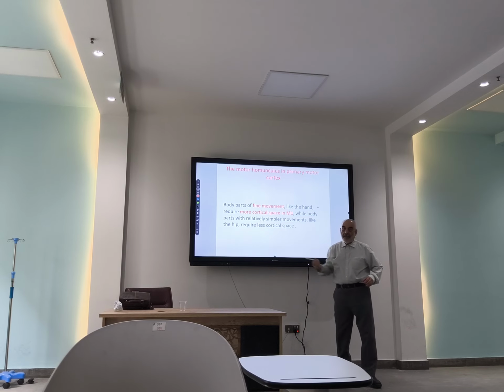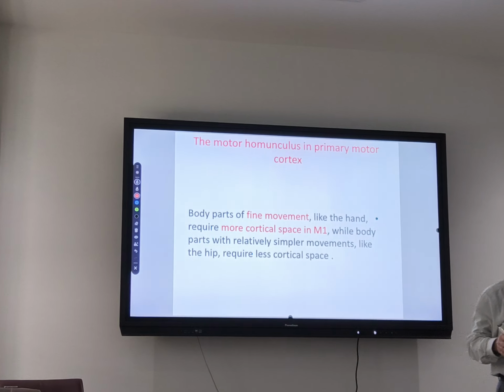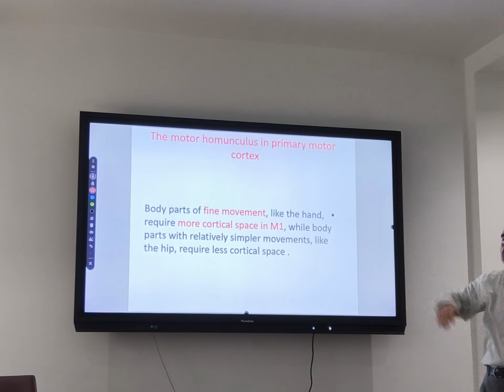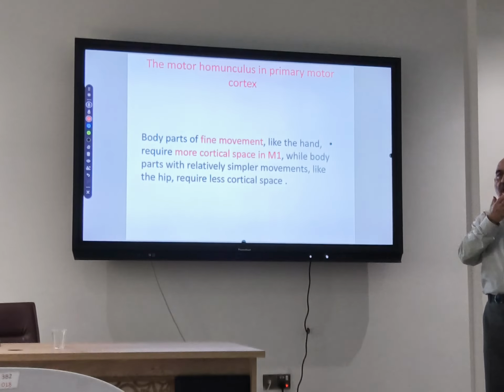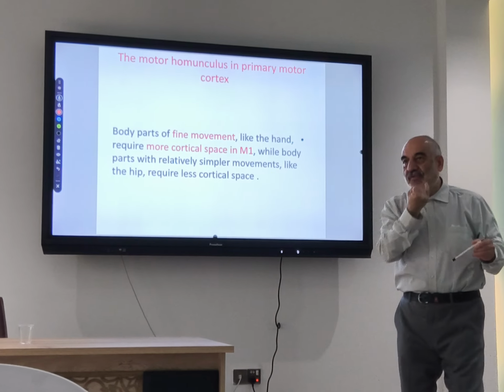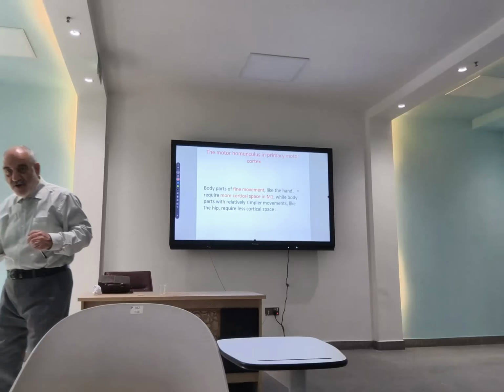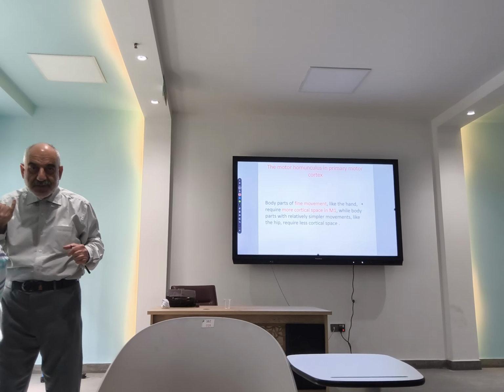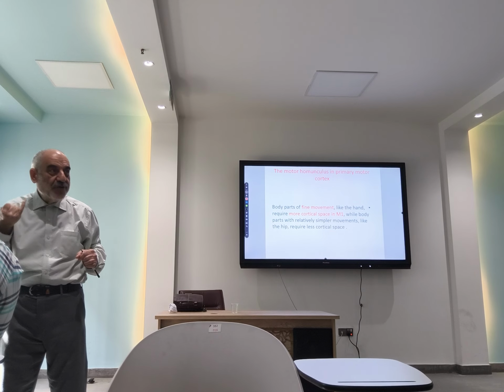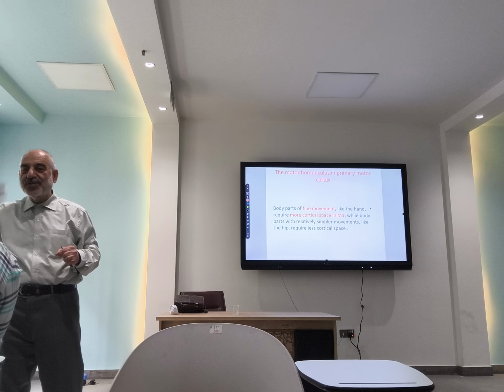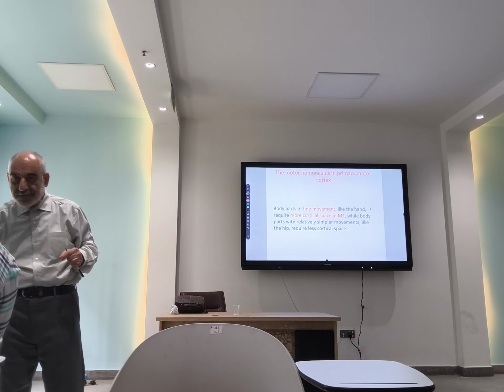So body parts that need fine movement, like the hand and fingers, and also for facial expression, it's very important. When my face moves, it occupies more space in the cortex because it's very fine.